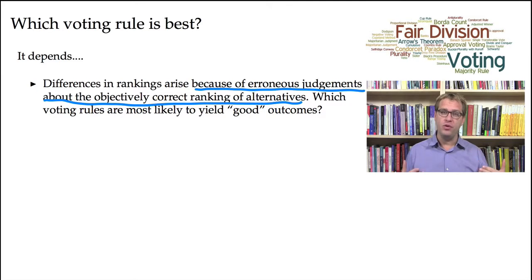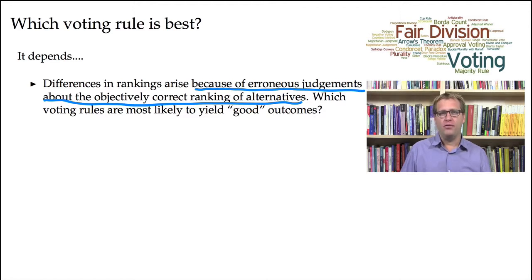Now, we're going to assume that there is some objectively correct ranking over all of the alternatives. What that means is there's some objective way of determining which alternative is the best, and which alternative is the second best and third best, and so on, and also which alternative is the worst.